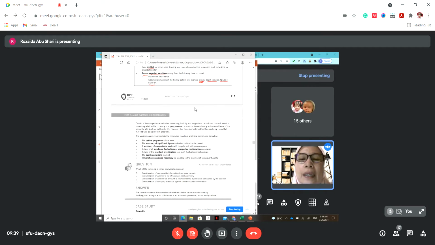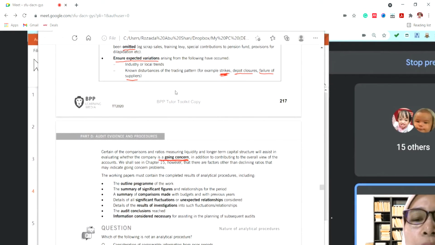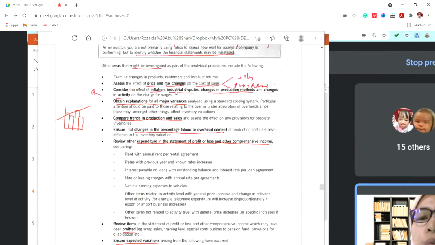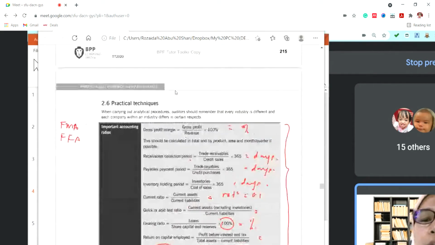Another concern on the analytical procedures is going concern. This is important. We will cover going concern in chapter 15, but at the beginning stage here you must look at the pattern of going concern. If the company has a high gearing ratio, which one is the gearing ratio? This one.